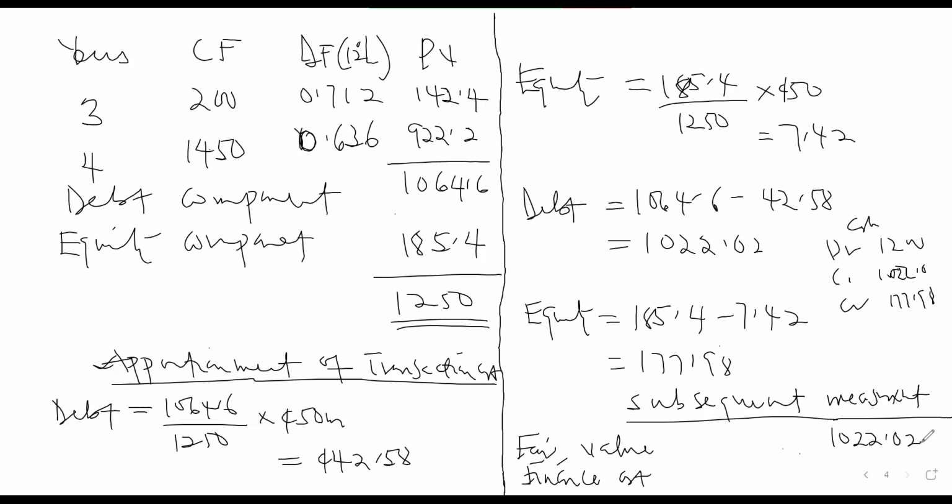Our finance cost will be 0.132, because the interest rate is not 13%, multiplied by 1022.02. What are we getting? 134.9.